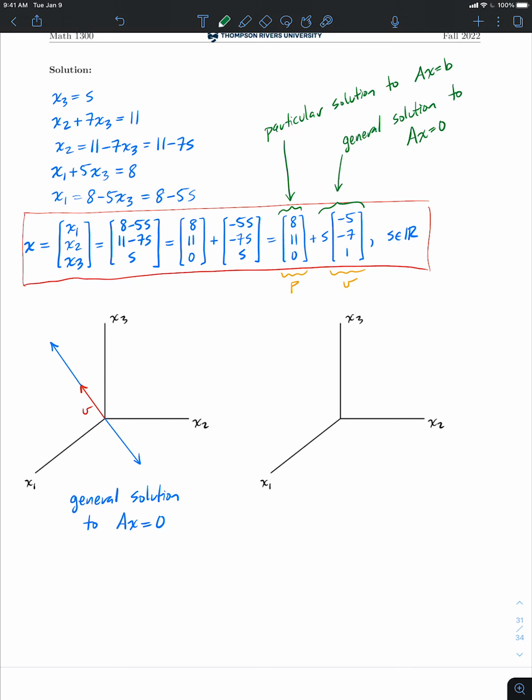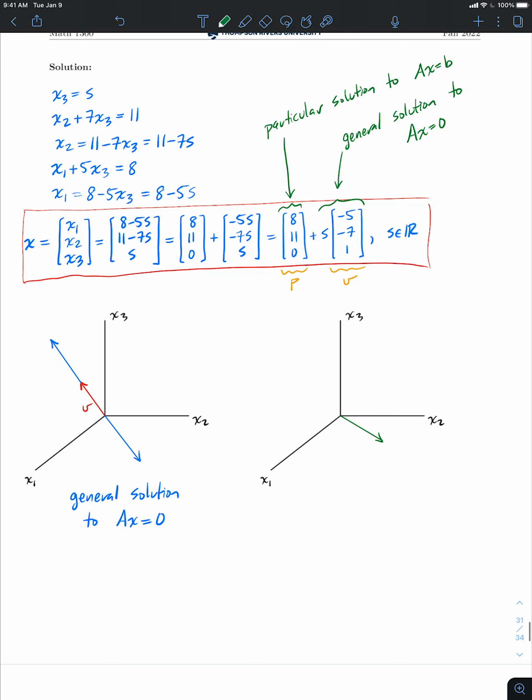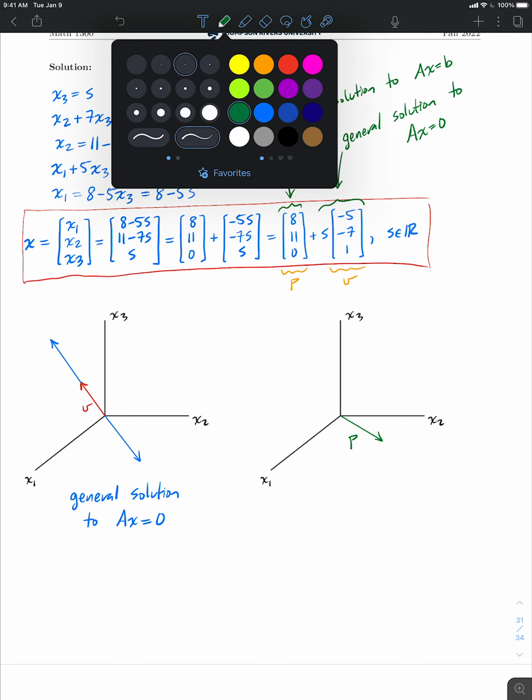So 8, 11, 0. So its x1 coordinate is 8 and its x2 coordinate is 11, and then its x3 coordinate is 0. So it's going to be flat in the x1, x2 plane. It's going to look something like this.